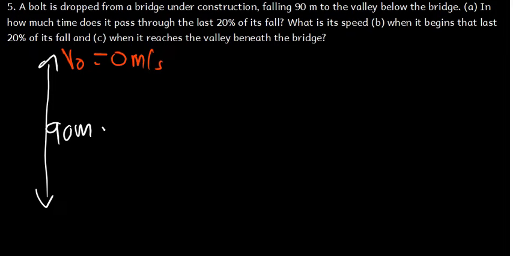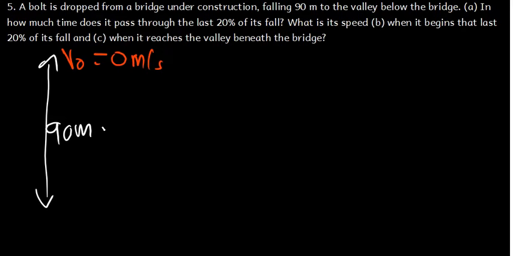So we need first to find the total time. If we find the total time, then we find the 80% of 90 meters. Then the total time minus the time for the 80% is going to be the last 20%.